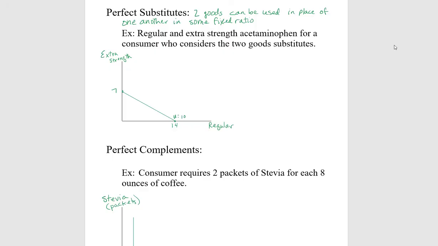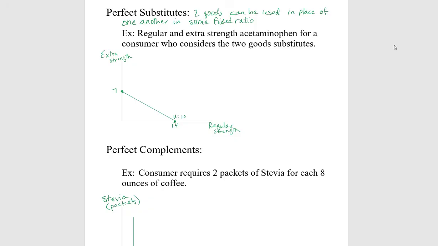So I've placed on the axes regular strength Tylenol and extra strength Tylenol. For example, a consumer might consume a total of 7 extra strength Tylenols in a given week, or 14 regular strength Tylenols in that same week, or some combination in between.